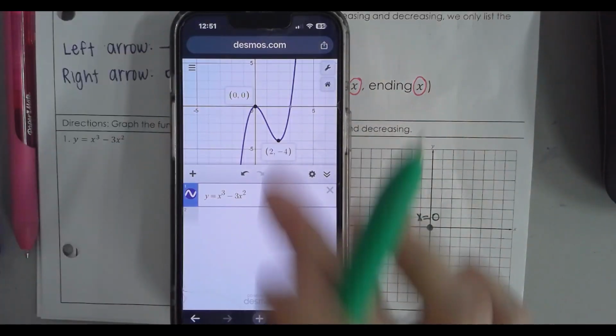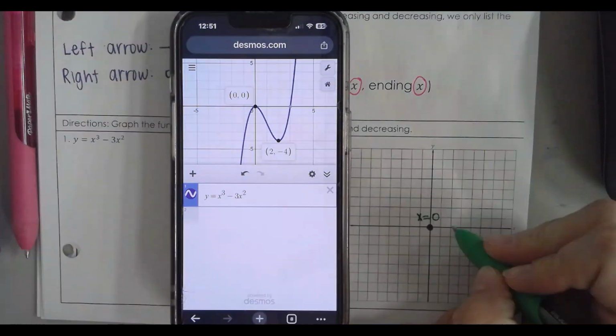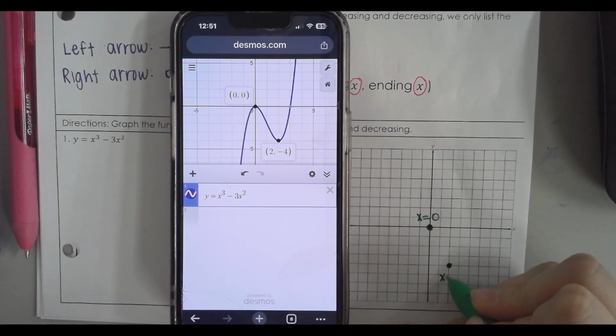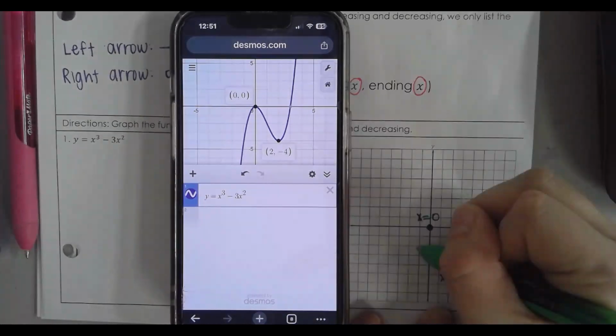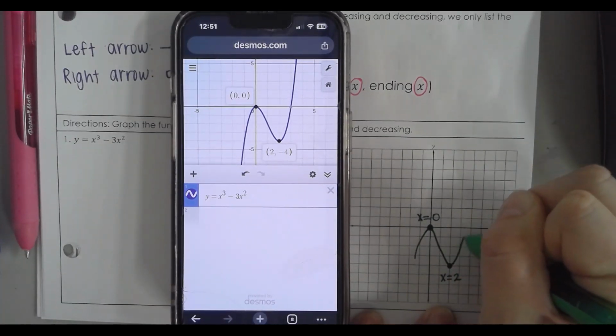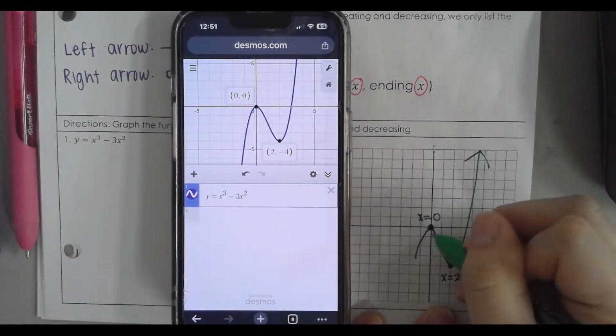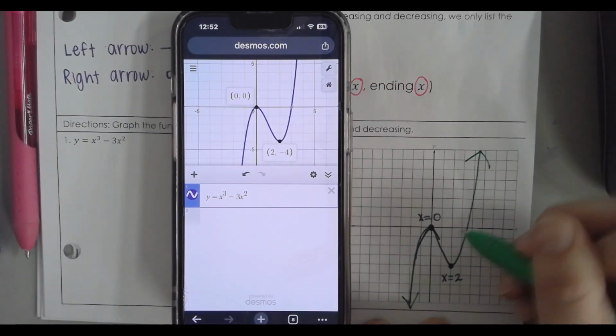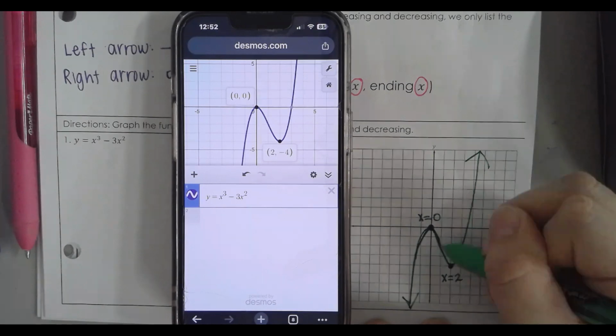And then the other one is at 2, negative 4. And I'm going to put x equals 2 there. And then I'm just going to sketch the rest of it in. It doesn't have to be perfect.